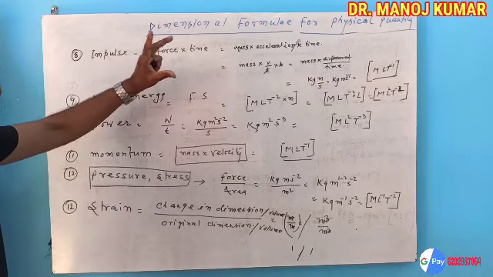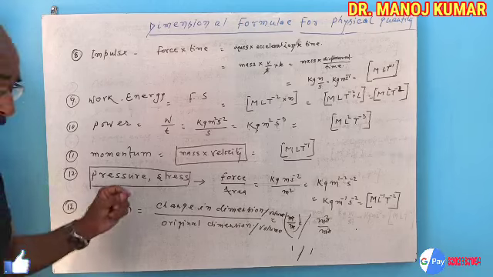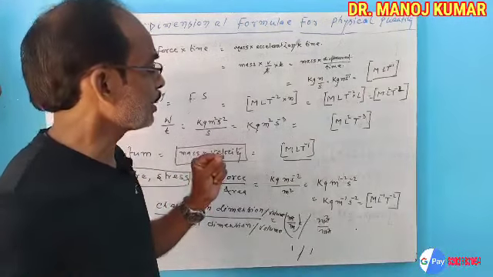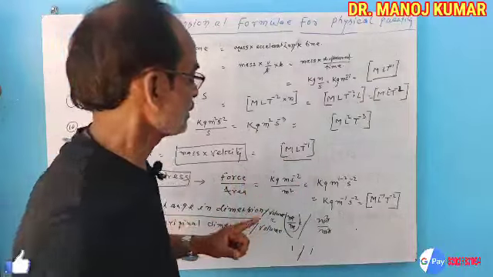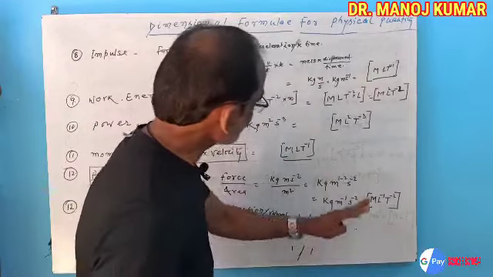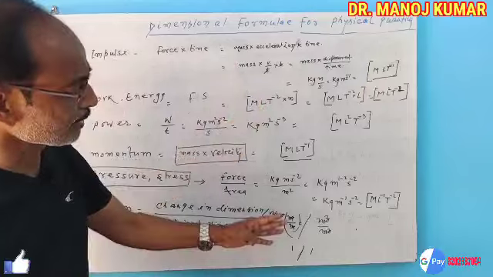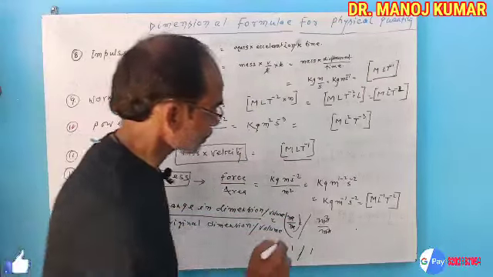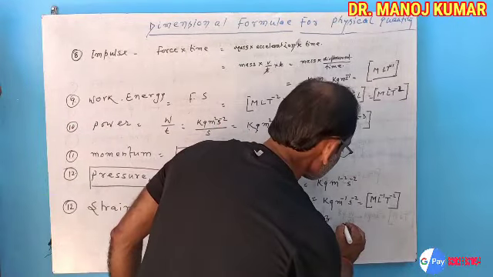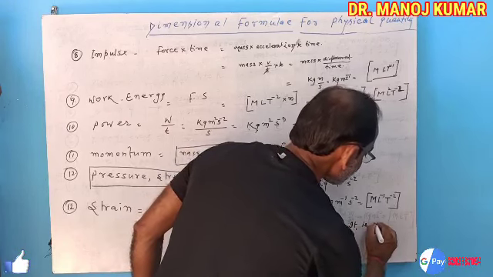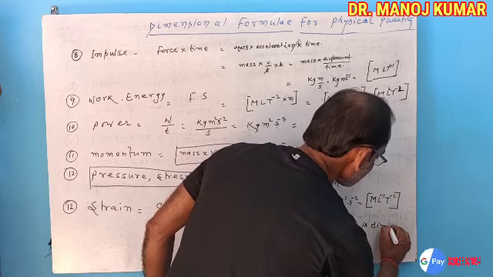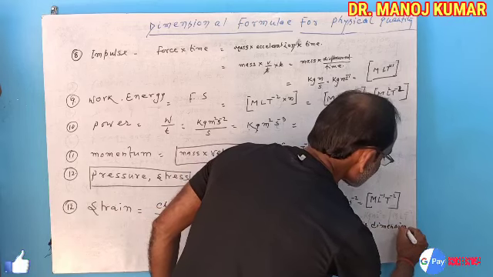According to the rules of dimension, the number system is dimensionless. So there is no mass, no length, no time present here. So we write it is dimensionless.